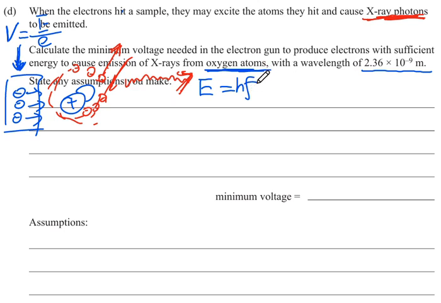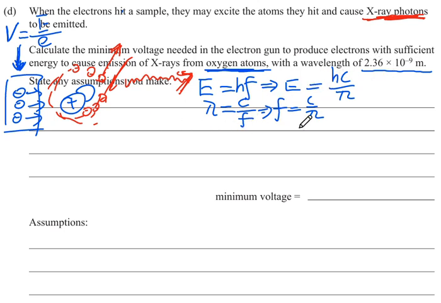Now we are given the lambda of this light, right? Lambda is going to be c over f. So f is going to be equal to c over lambda. So we have E equal to h times c over lambda, and this E is also eV, right?